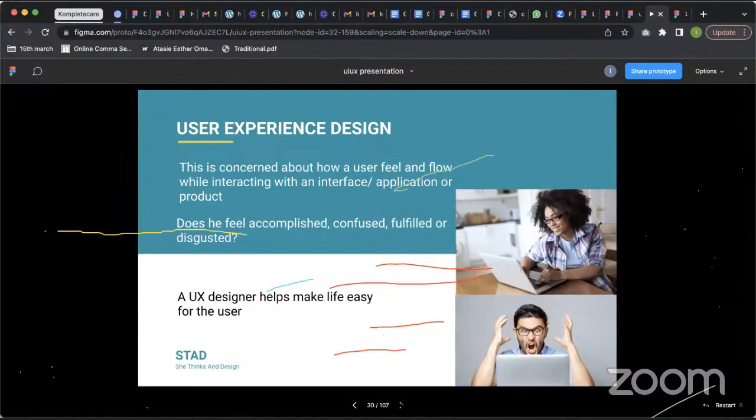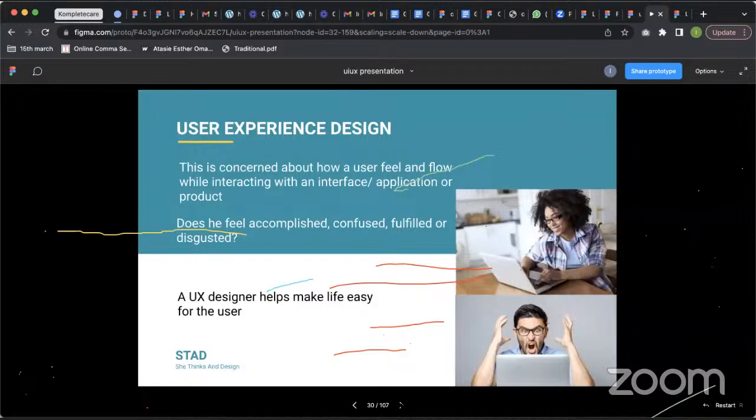Moving forward, user experience design. Like the name says, user experience is how the user feels while using your application, how they use the application. Are they happy while using your application? Are they frustrated? Are they confused? Are they sad?